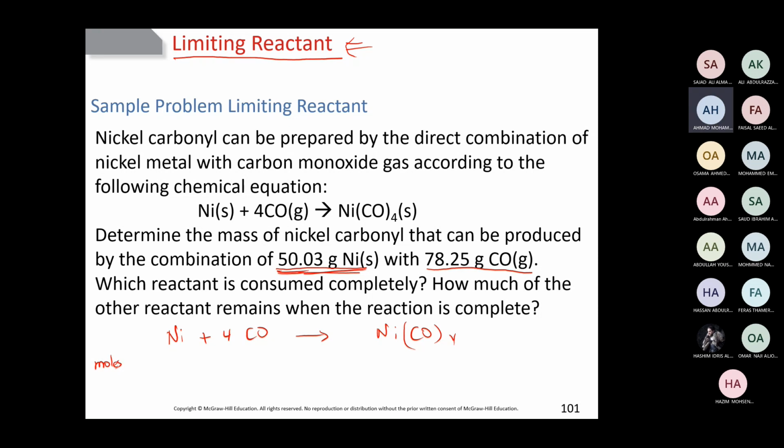Divide by the molar mass. Exactly. Go ahead, use it. Give me the answer.